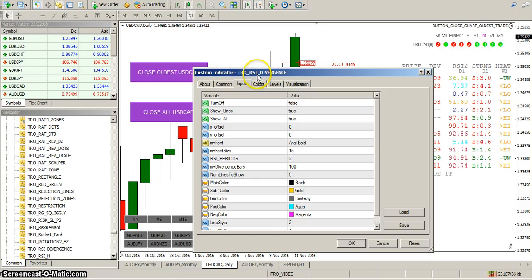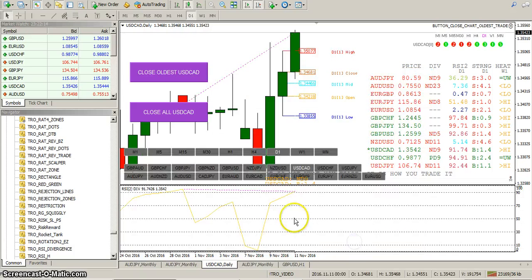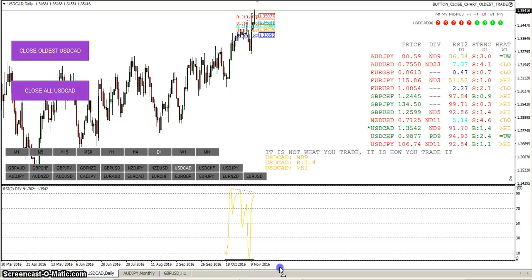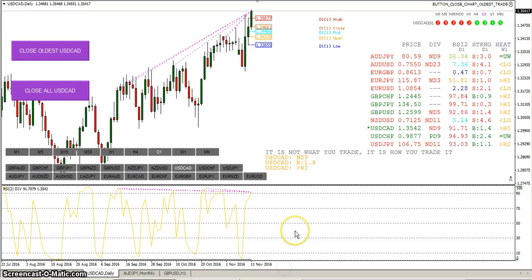So I've got my RSI divergence indicator. RSI periods is 2. Okay, what is divergence and why do we use it? You see here we have negative divergence, if the price is higher, but the indicator's value is lower.